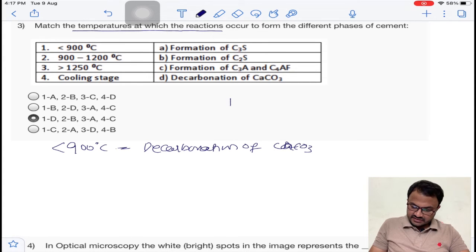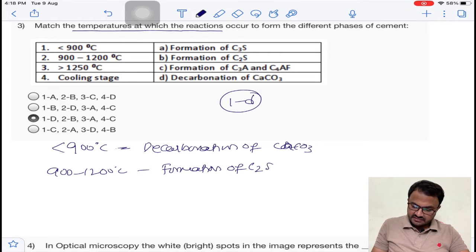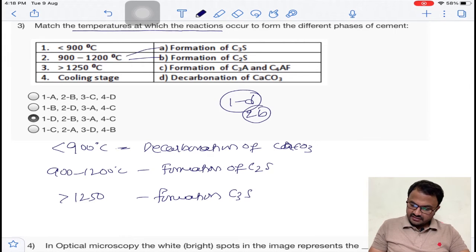So that is 1, it is D. At 900 to 1200 degrees centigrade, formation of C2S will take place. And greater than 1250, formation of C3S will take place. That is 2B, and formation of C3S is 3A.